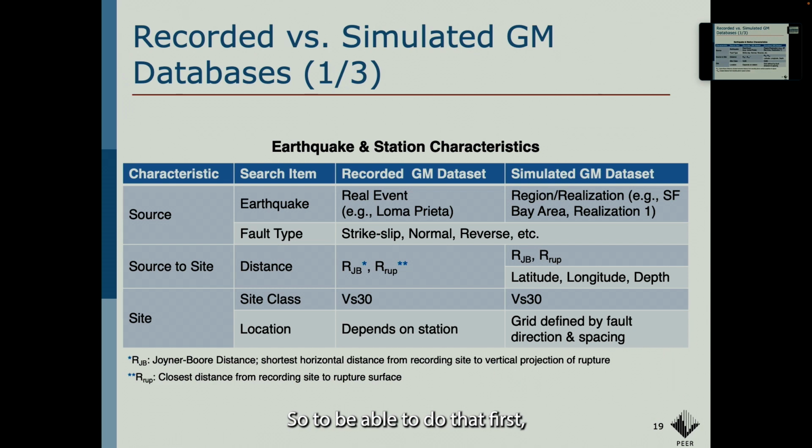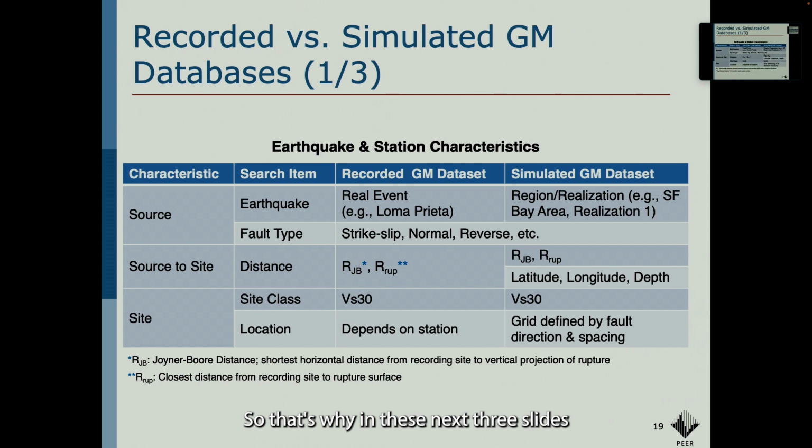So to be able to do that, first we need to figure out what the differences are between a recorded and a simulated ground motion data set, such that we can figure out what we can exactly keep the same and what we need to add for the specifics of simulated motions.